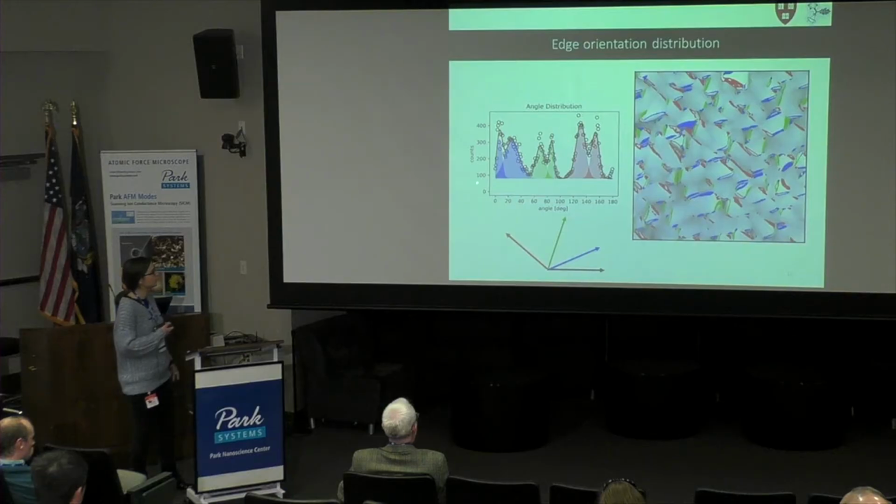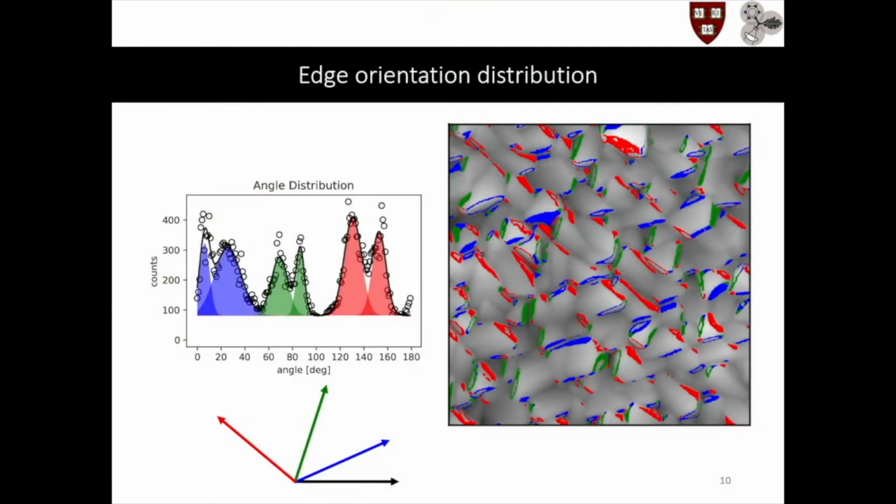Now from that, we can compute the angle distribution and collect it into a graph. What we see here is that we are able to fit a certain number of peaks that seem to indicate that there are preferred orientations for those edges.